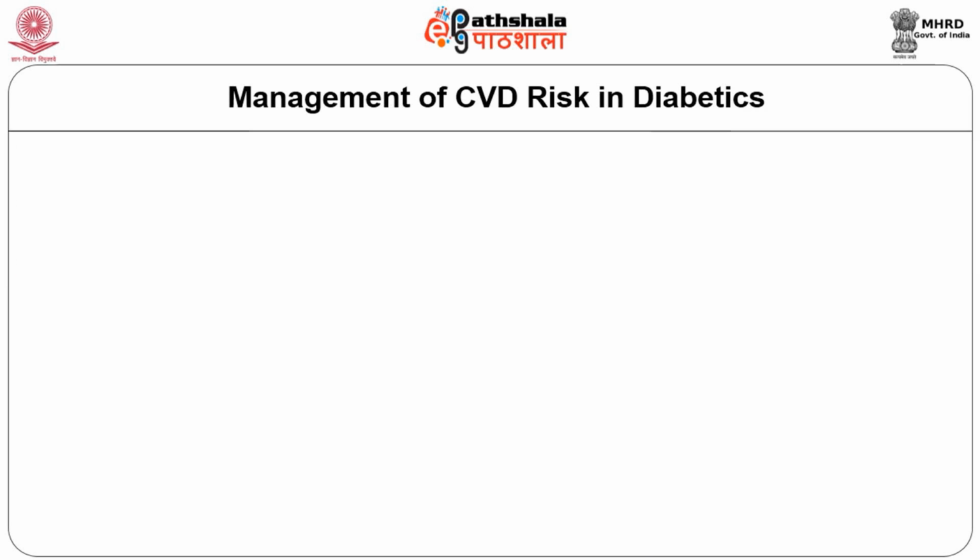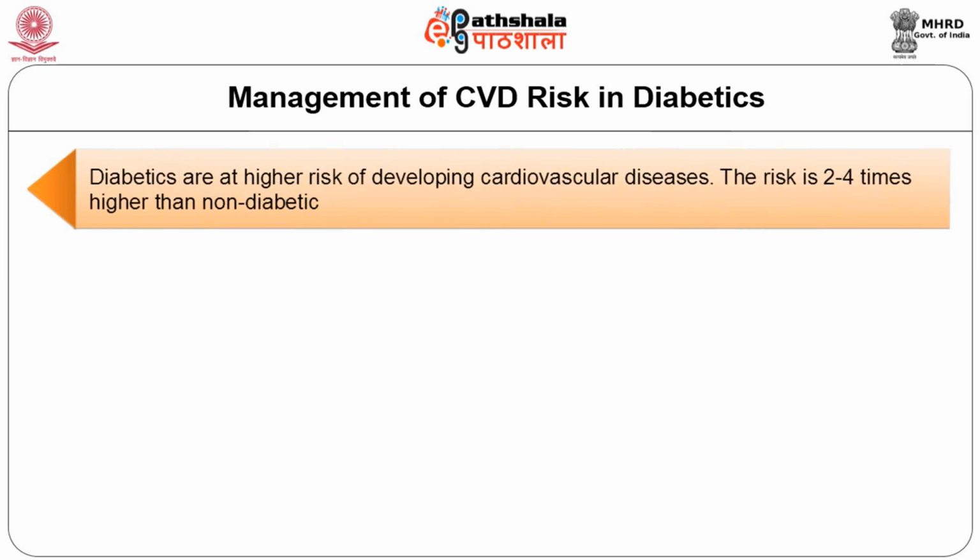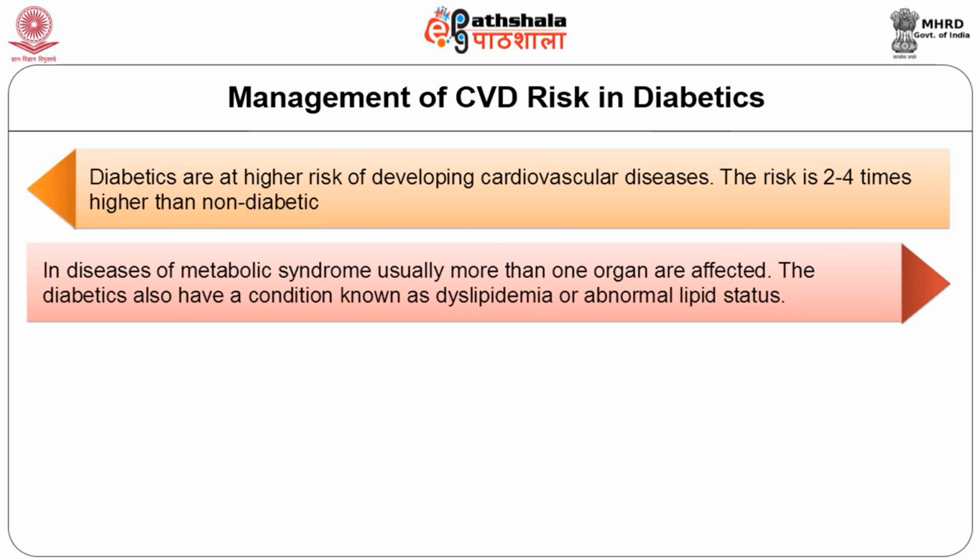Now, management of the CVD risk is important for the diabetics because they are at high risk of developing cardiovascular diseases, and their risk is 2 to 4 times higher than a normal individual without diabetes. In metabolic syndrome, usually more than one organ is affected.